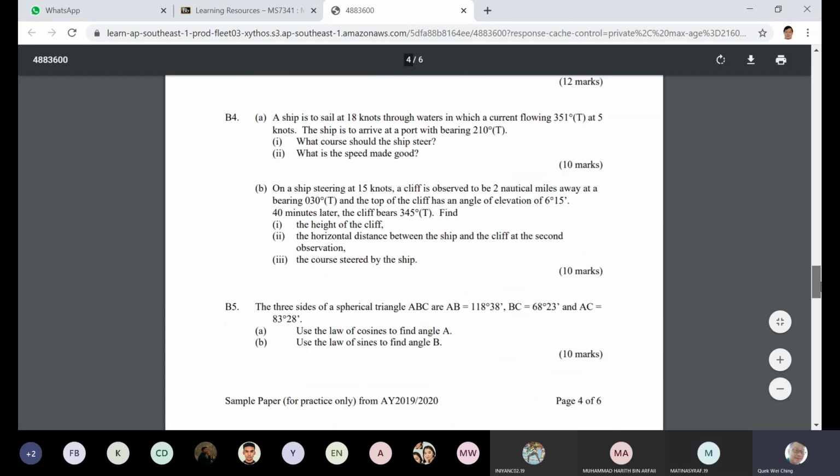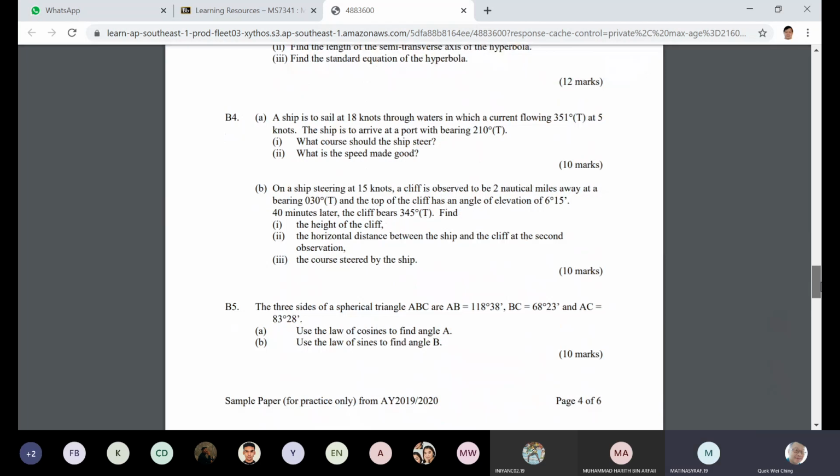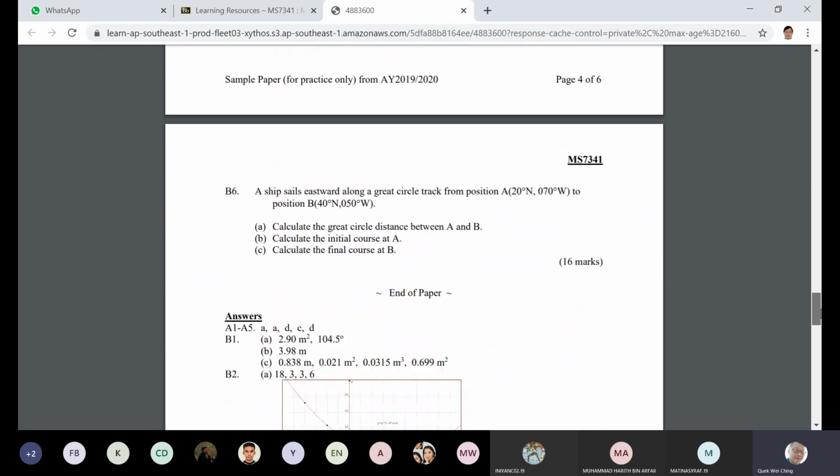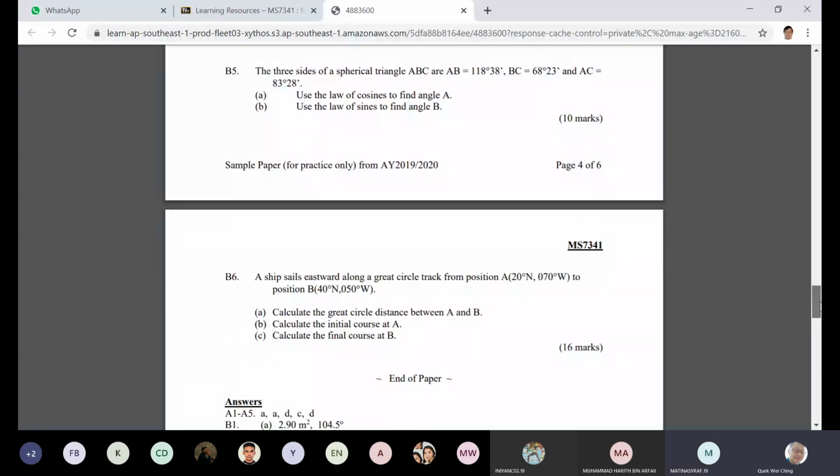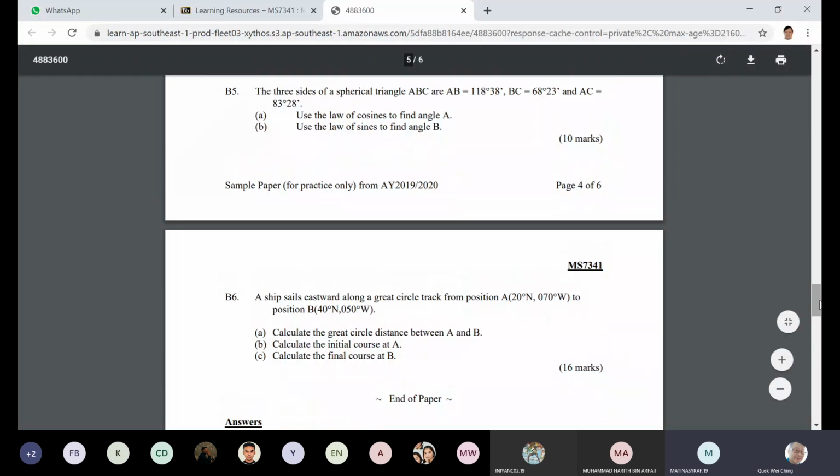The rest are suitable questions. If you don't know how to do a question, do it yourself first, then I can talk about how to solve it. This is the paper I'm going to go through with you.